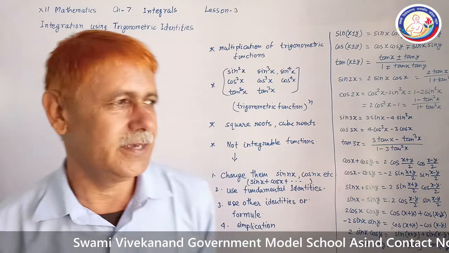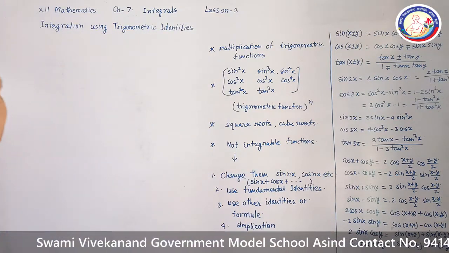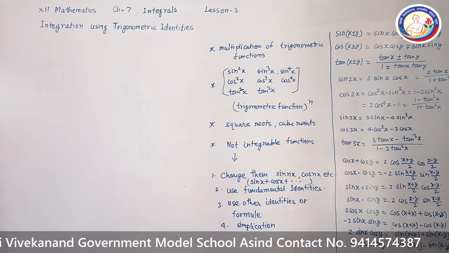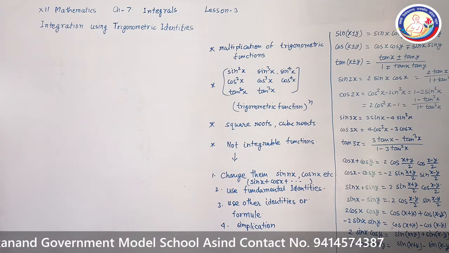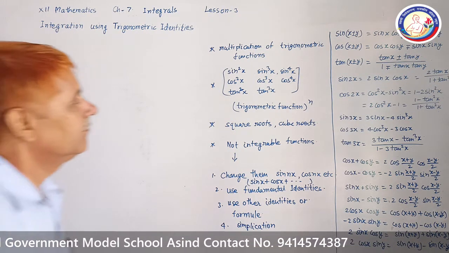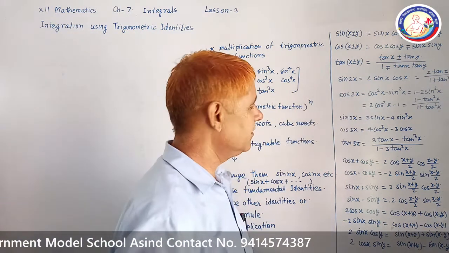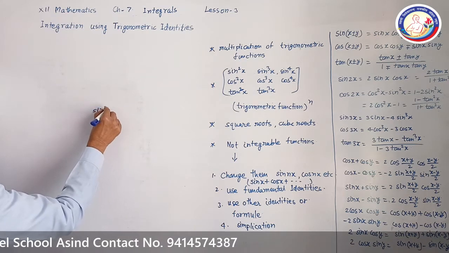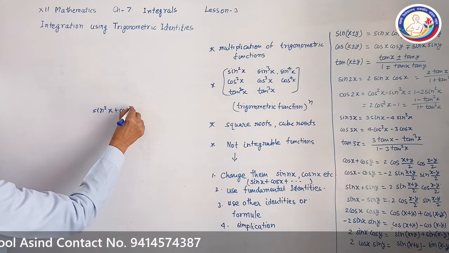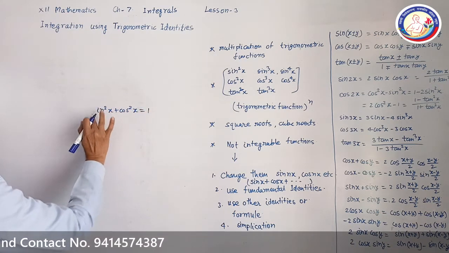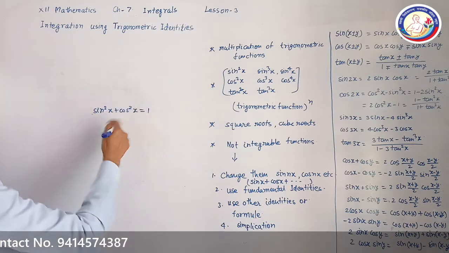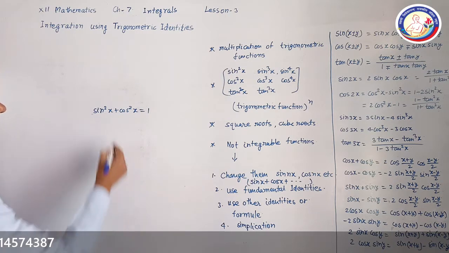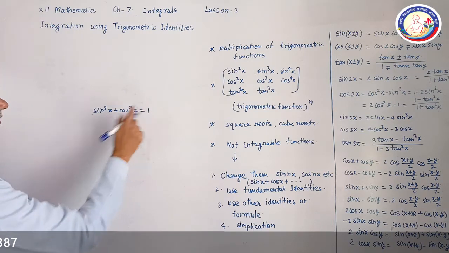Our topic for today is to integrate functions using trigonometrical identities. We have, first of all, the fundamental identity: sin square x plus cos square x equal to 1, and their related identities.